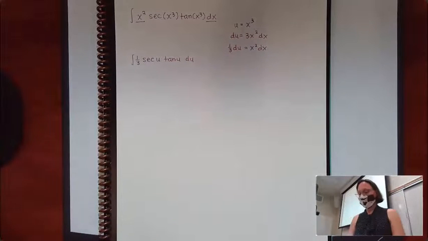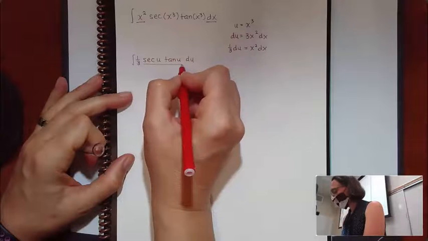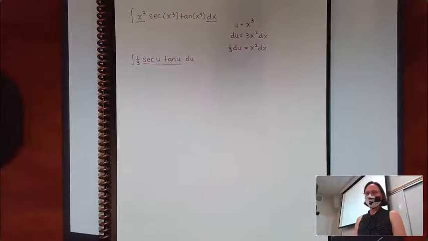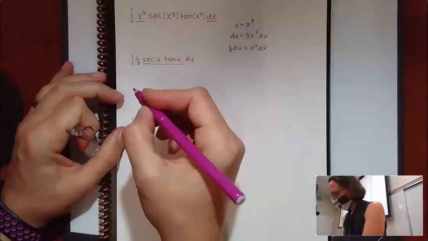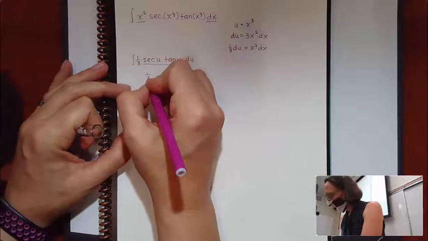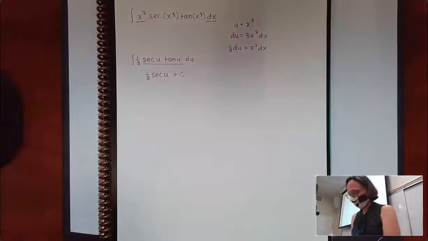And now comes the place where, yep, we just have to memorize stuff. So when we see secant u times tangent u, we just have to know, oh, I know whose derivative that is. That's the derivative of secant. And I've got 1/3 secant of u plus a constant. Don't forget about that pesky constant.